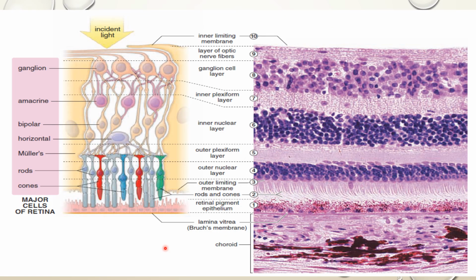Another light microscopic photo showing the layers of the retina.